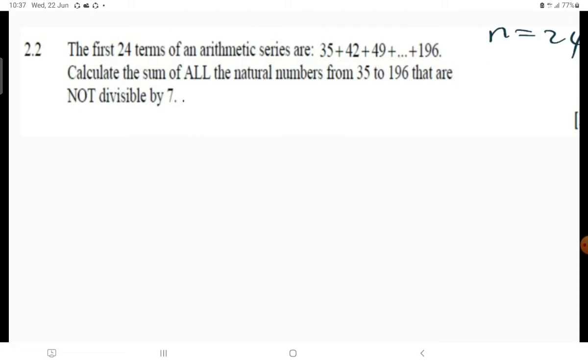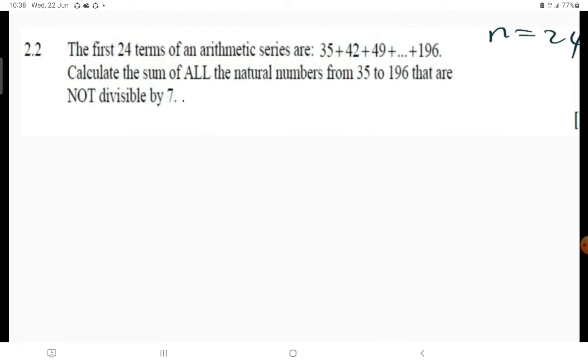So 35 divided by 7 is equal to a whole number, then 42, 49, and so on, up to 196. Let's check whether 196 is also a multiple of 7. Yes, because 196 divided by 7 is 28. So all these numbers are multiples of 7, which means they are divisible by 7.